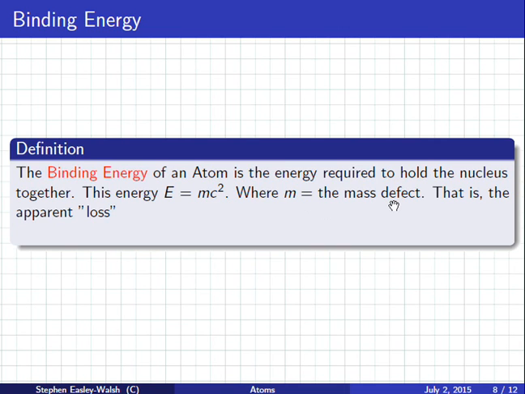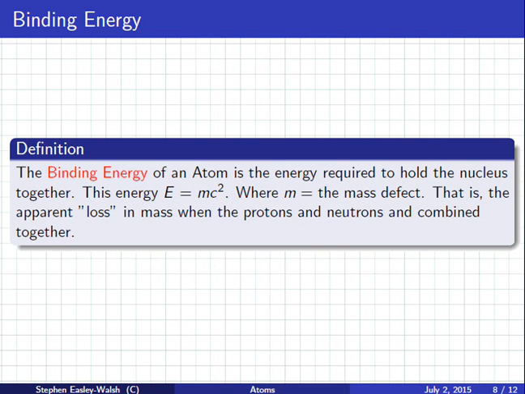That is the apparent loss in mass when the protons and neutrons are combined together. So in other words, that mass did not disappear. The mass was changed into energy, the energy needed to keep the nucleus together. So this is called binding energy.